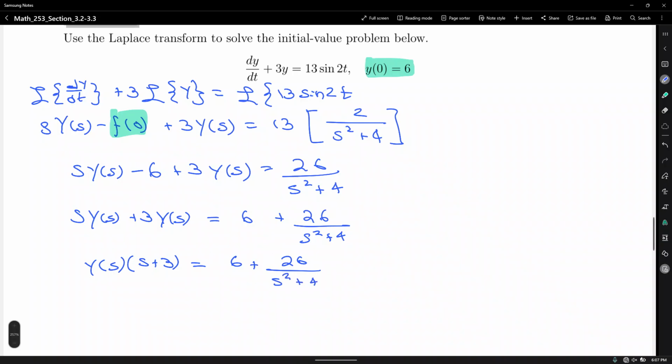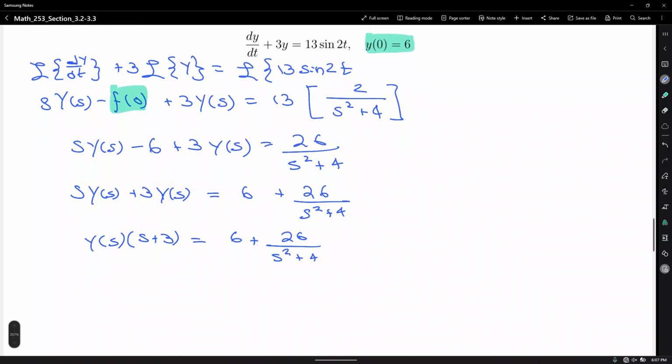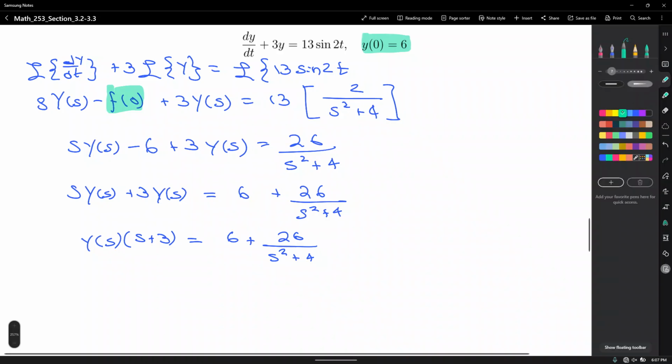So we finally solve for Y of s by dividing both sides by s plus 3.